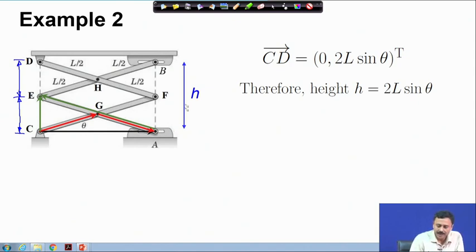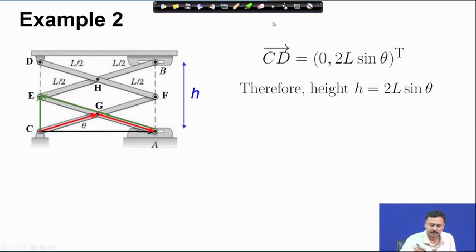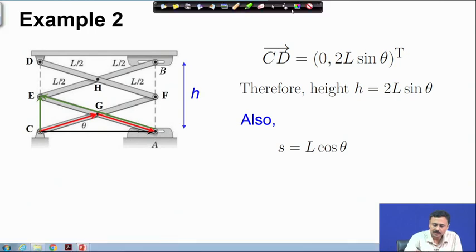Therefore, the total height is 2 L sin theta, and we have S equal to L cosine theta. We have two relations, H as 2 L sin theta and S as L cosine theta.